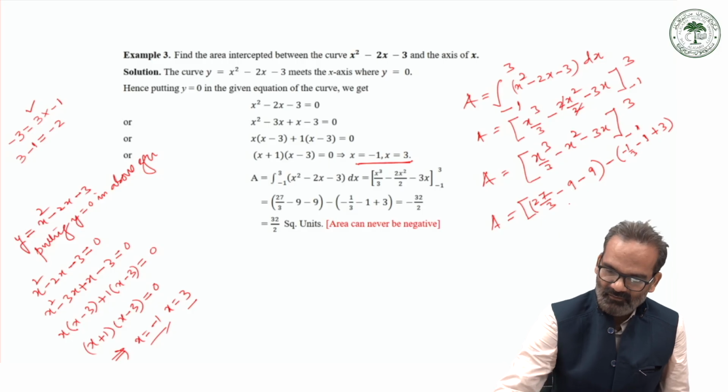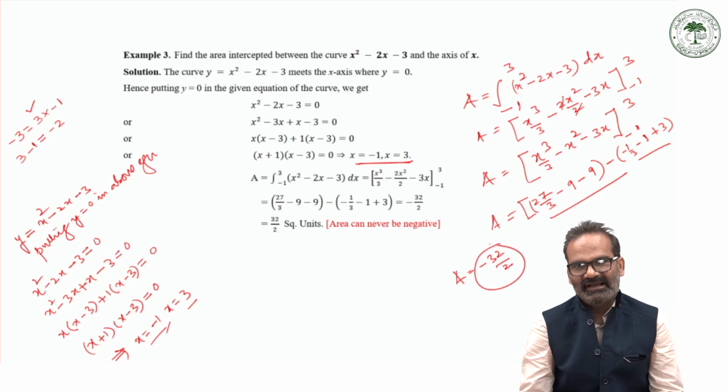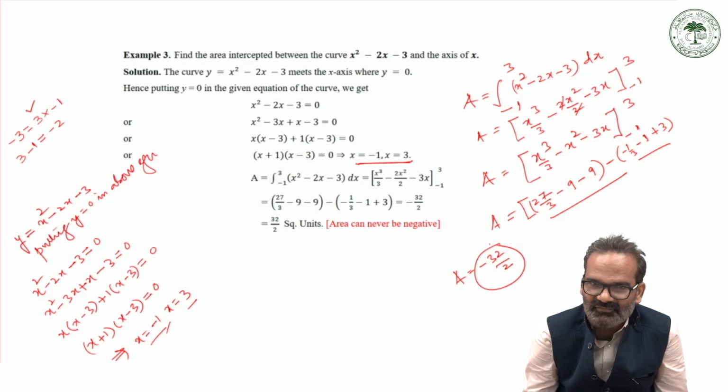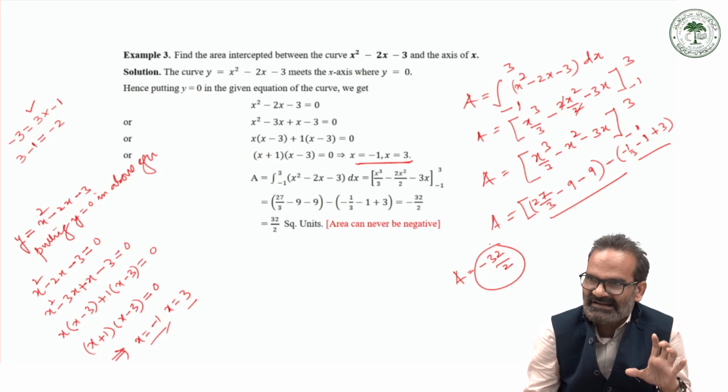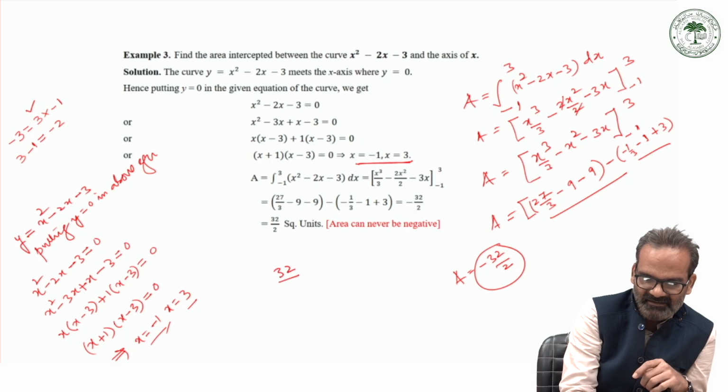So the value of this will come out to be minus 32 upon 3, and area, you know, can never be negative. Therefore we will not use the negative sign, and we will write the area as simply 32 by 3 square units, right?